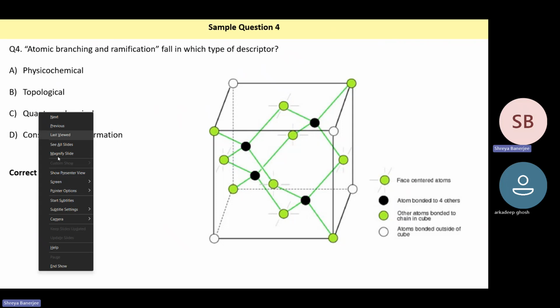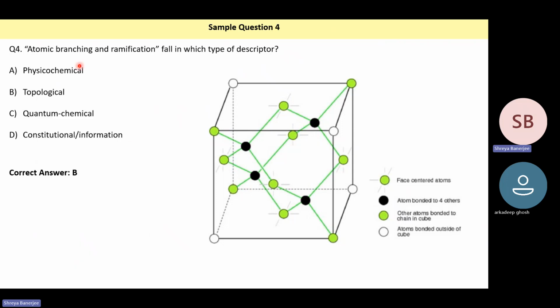Basically, topological descriptors tell you all about atomic branching. If you remember, we saw the Wiener's index, where imagine each of these points are non-hydrogen atoms. For the Wiener's index, you had to find the shortest distance between different pairs of points and add them all up. And that is a type of topological descriptor.